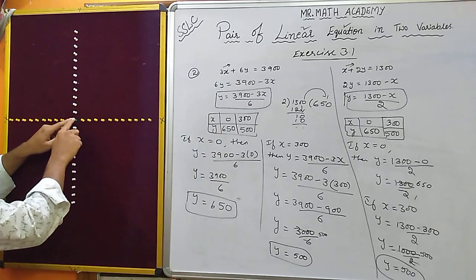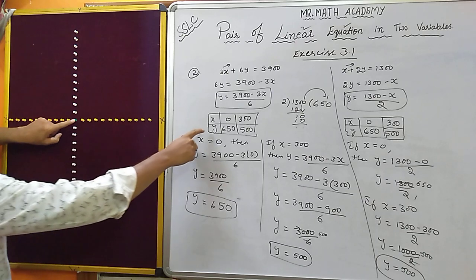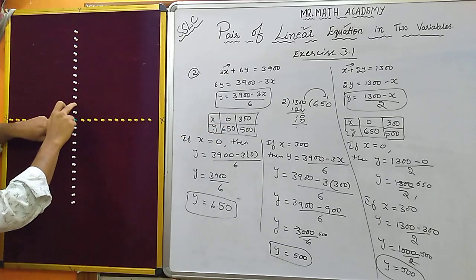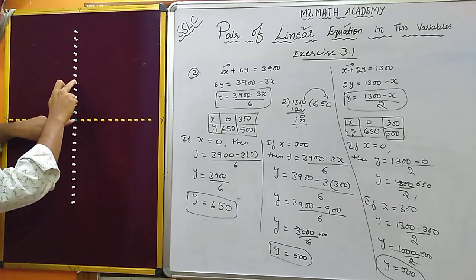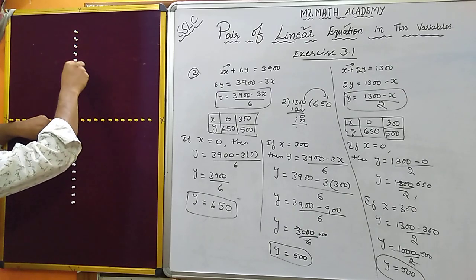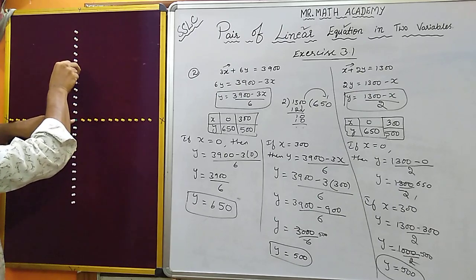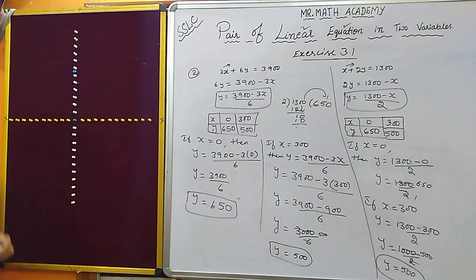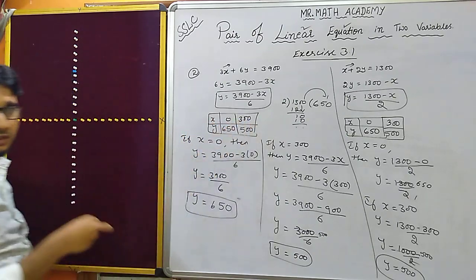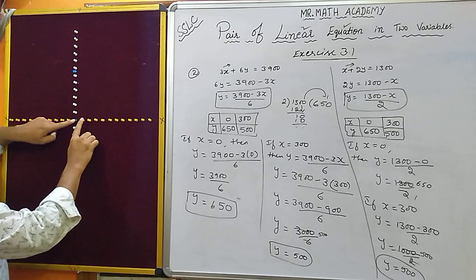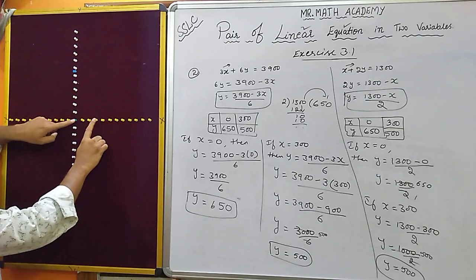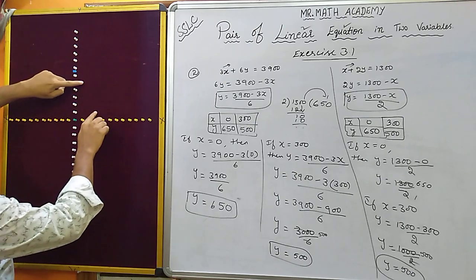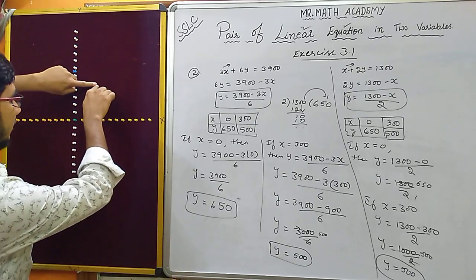This is the x-axis. x is 0 means stay there, don't go anywhere. y is positive 650. 100, 200, 300, 400, 500, 600, 650 is here. Now, x is positive 300, y is 500. Both will come and join here.